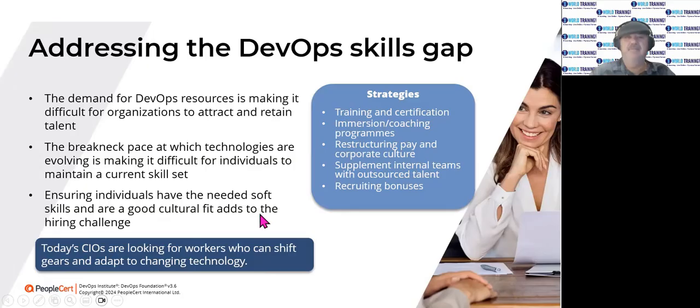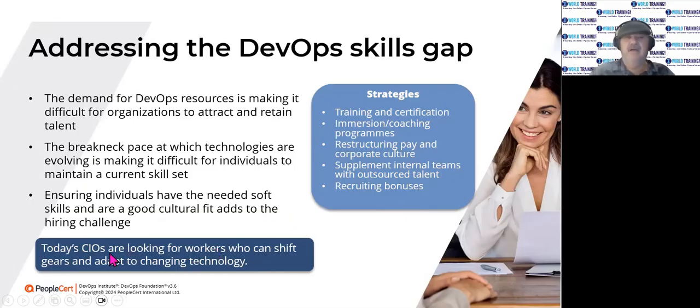team player, for example. So different strategies for that: training, certifications such as this course, immersive coaching programs, restructuring pay and incentives and corporate culture, supplementing internal teams with outsourced talent where that makes sense, offering recruiting bonuses, obviously a way to attract talent, but in general, it's a pretty competitive world out there for DevOps engineers.